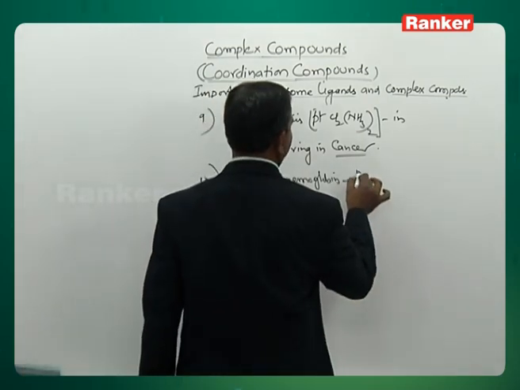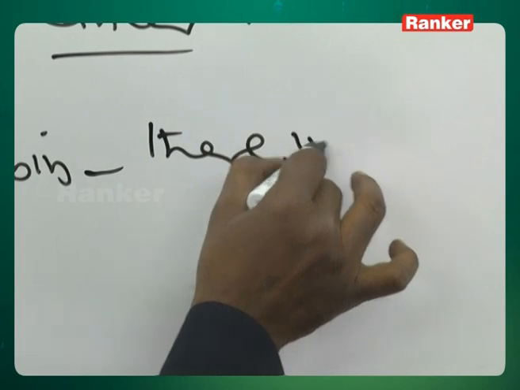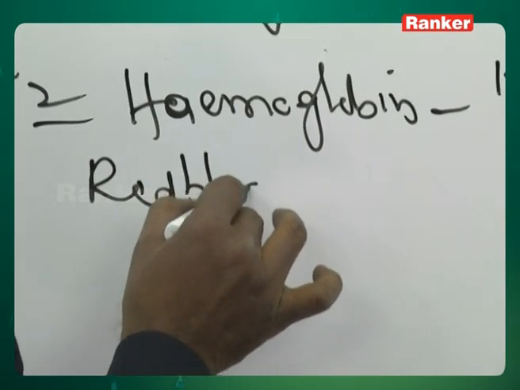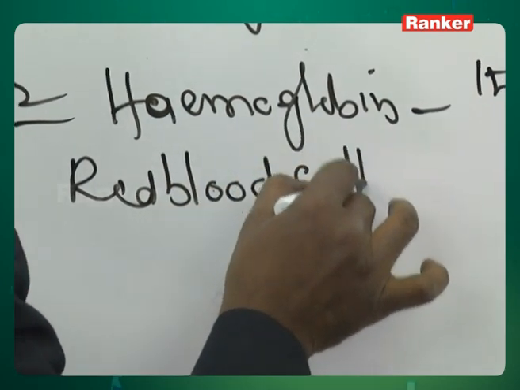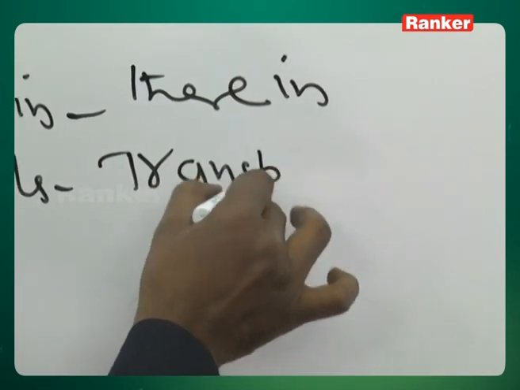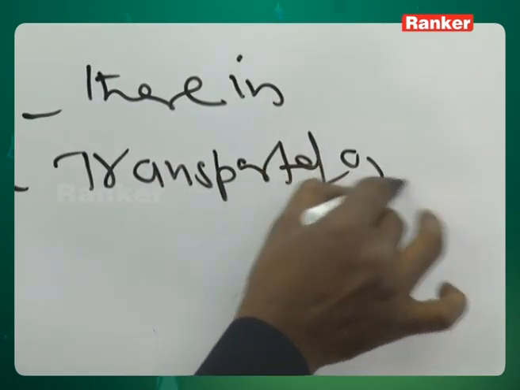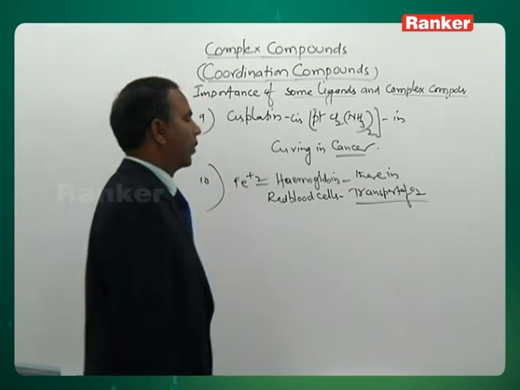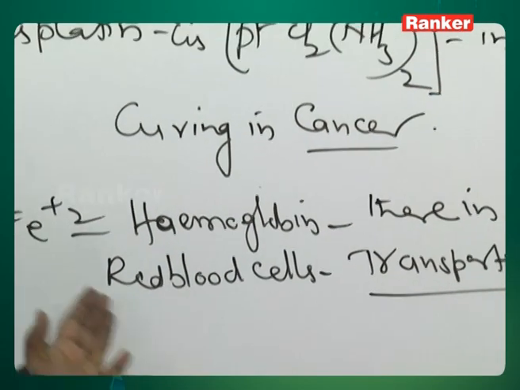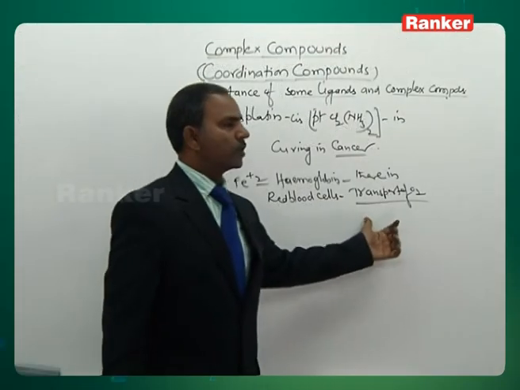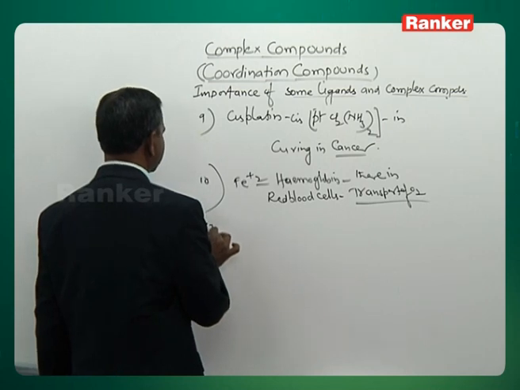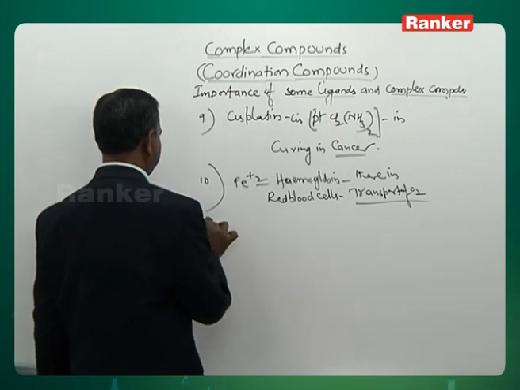The Fe 2+ complex hemoglobin there in red blood cells is involved in the transport of oxygen. That is number 11.